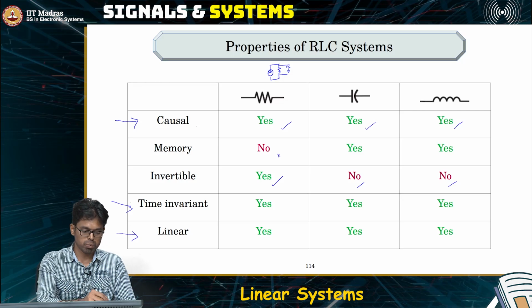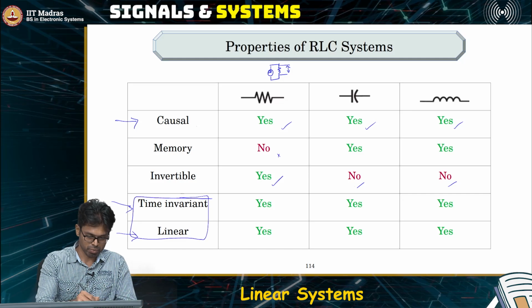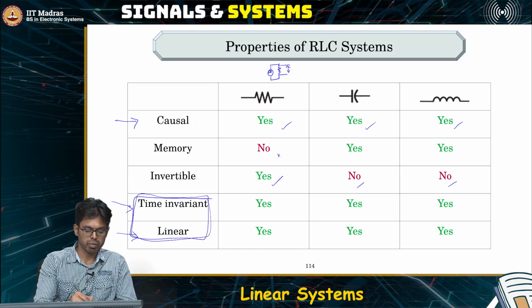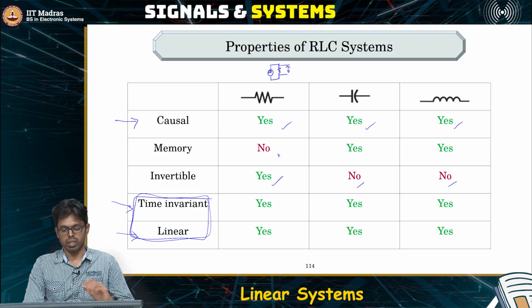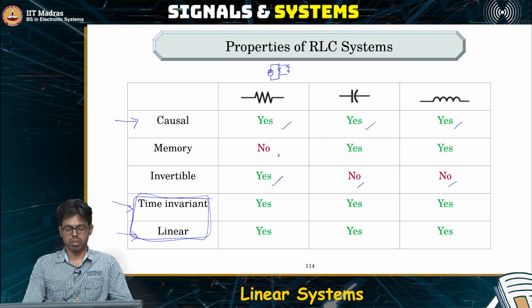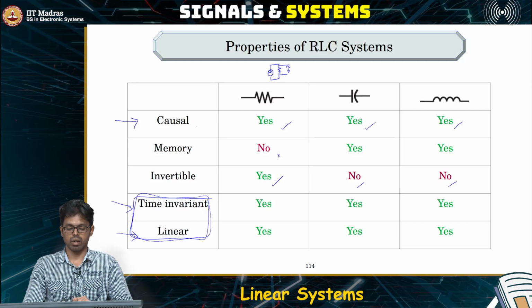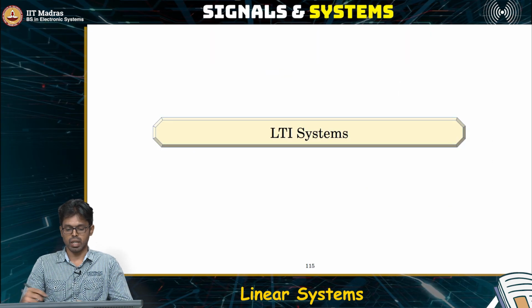In fact, we'll focus more on the time invariant and linear properties together, because all practical systems are anyway causal, so we'll take that for granted. So we'll focus on systems that satisfy these two properties and then study in more detail the systems which simultaneously satisfy linearity and time invariance, and we'll call such systems LTI systems.